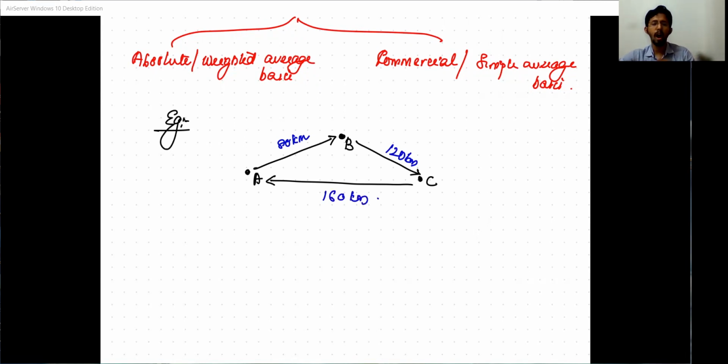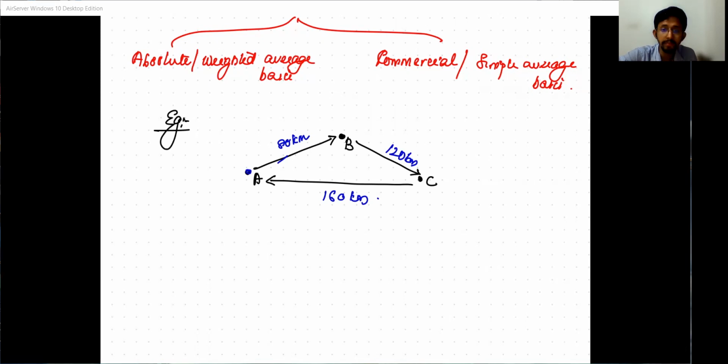Now, how much weight was the lorry carrying when it was traveling at each location? The total weight is not the same because it is carrying some weight from A, which is getting unloaded at B. There may be further adding of weight from B, then it will reach C. Like that, it goes on. The lorry starts from A with 20 metric ton and reaches station B, where it unloads 8 metric ton.